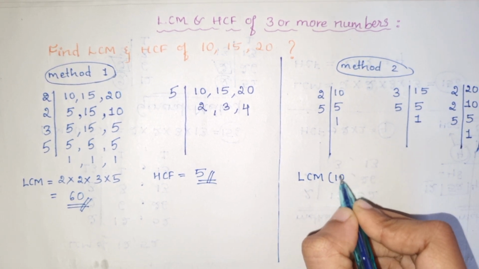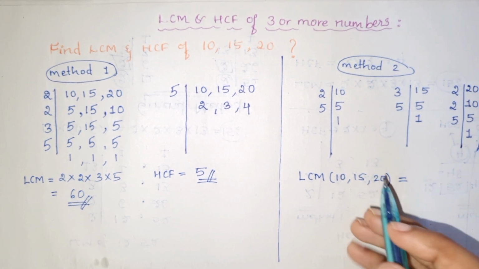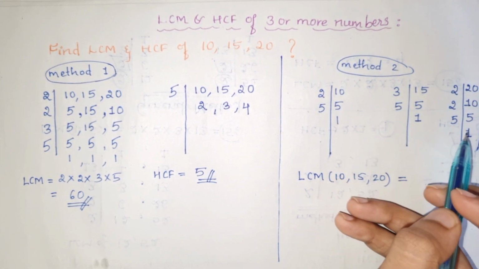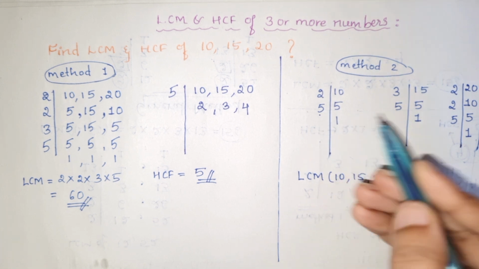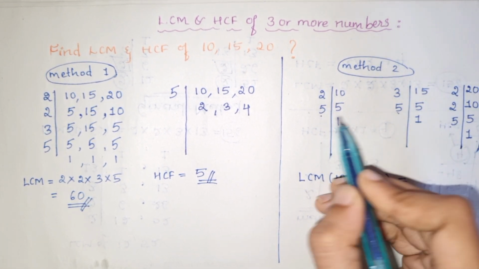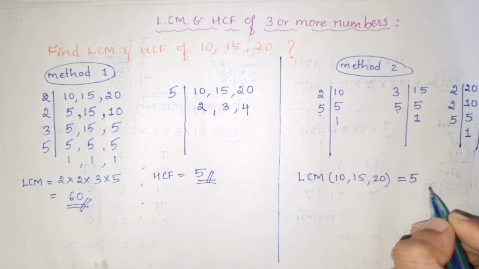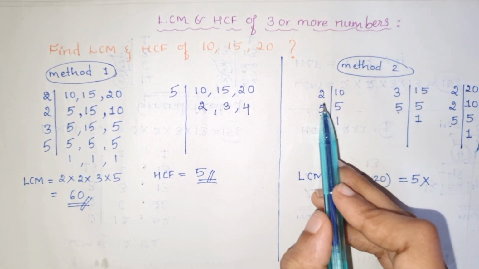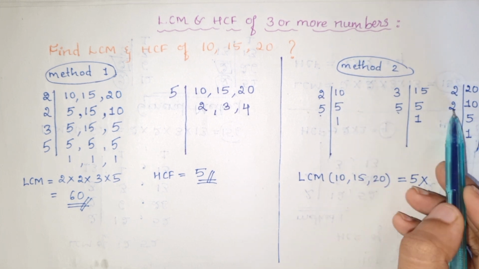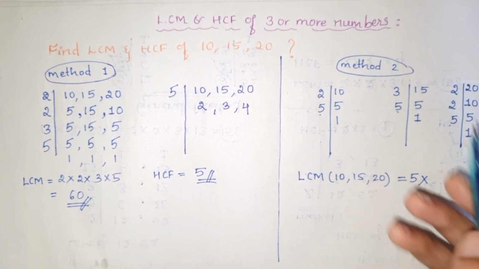So LCM of 10, 15 and 20 will be, which number is repeating in all the 3? 1, 2, 3. That is 5, 5 and 5 is common in all the 3. So we will write it only once. Again we can see that 2 and 2 is repeating in the 2 series, that is in 10 and 20.